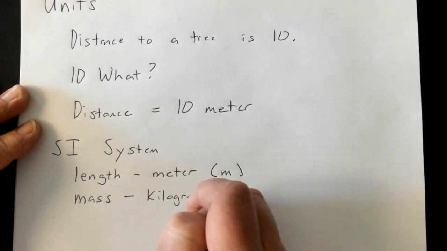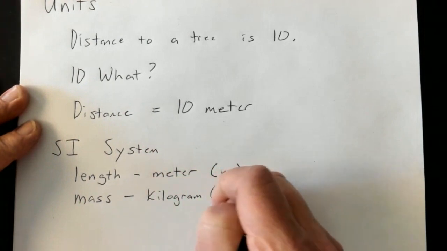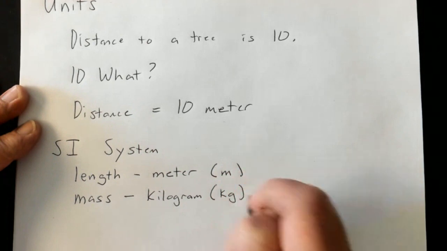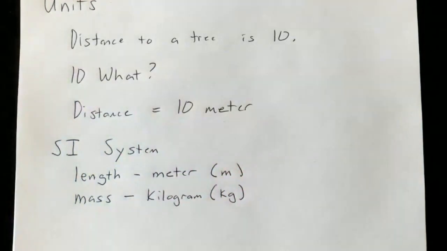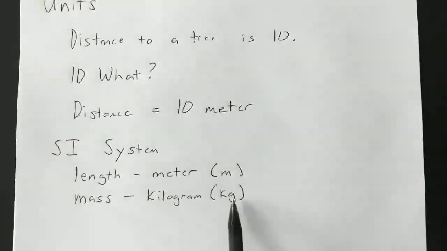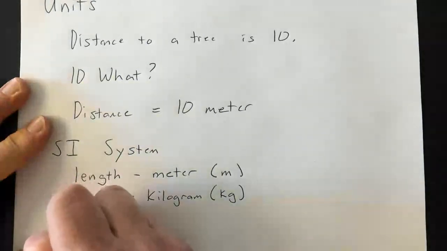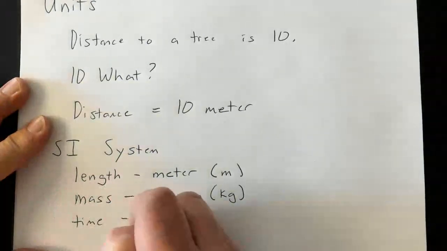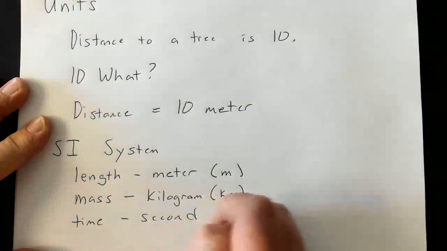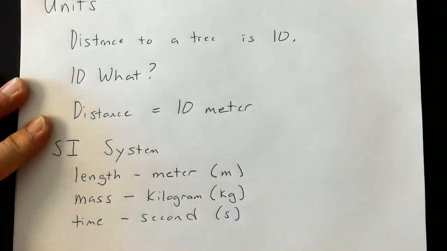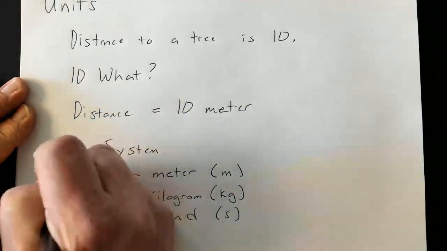It's actually, I believe, defined by a cylinder of platinum iridium or something like that, which doesn't chemically change very much. So it's abbreviated with a kg for kilogram, and the unit of time is defined as a second, which we abbreviate as an s, like that. So this is the SI system.